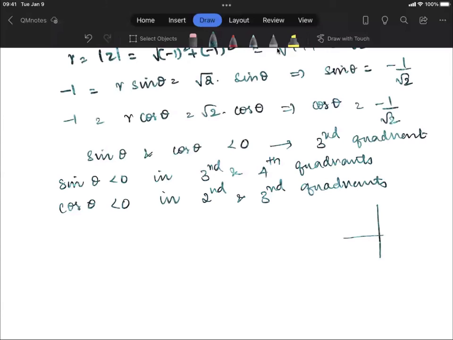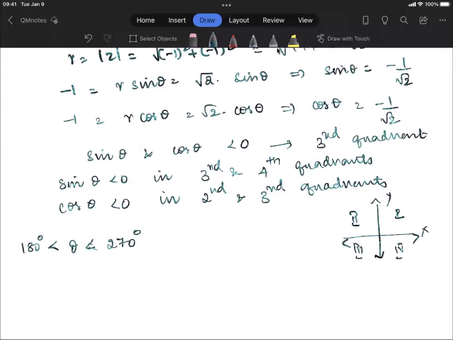By quadrant, I mean the first quadrant, second quadrant, third and fourth quadrants of the XY plane. So the angle has to fall into the third quadrant, which means theta has to be greater than 180 degrees and less than 270 degrees.